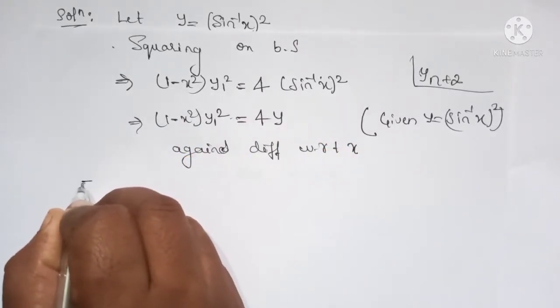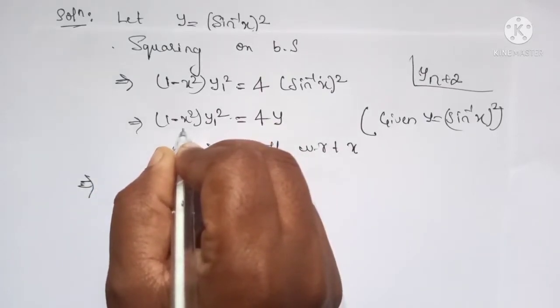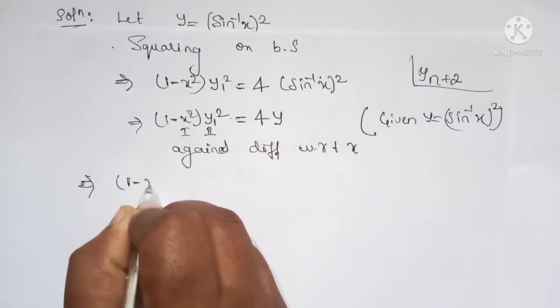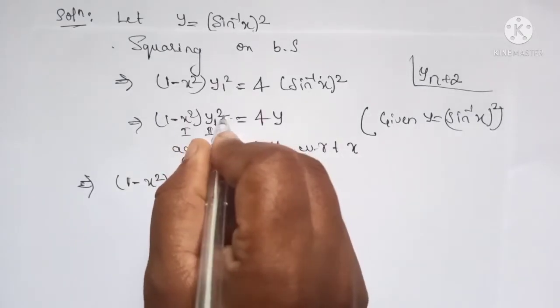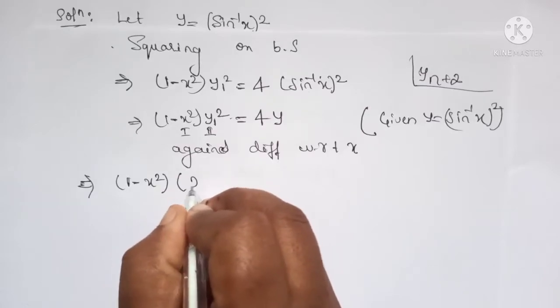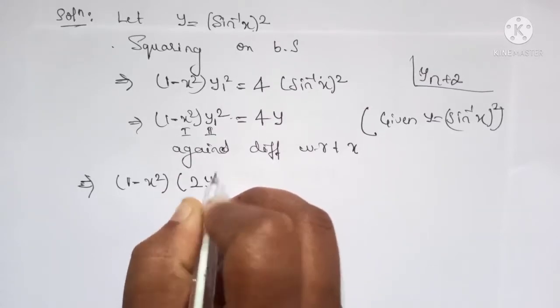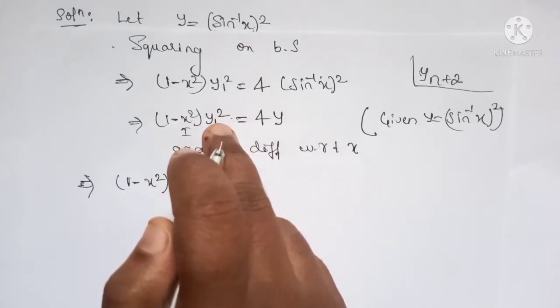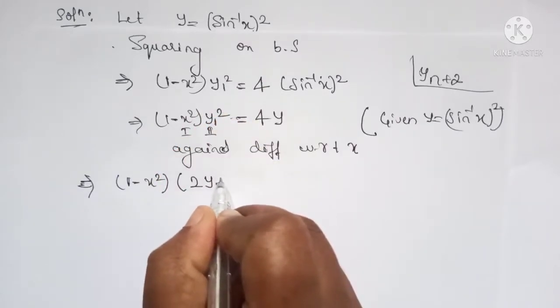So again differentiating, we get, treat this as first function, this one as second function. First function as it is, differentiation of y1 square is 2 into y1. So because it is of the form x square, 2 into y1 into, here we have to write y1 differentiation, which will be y2.